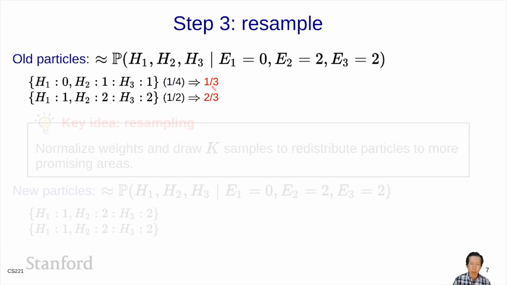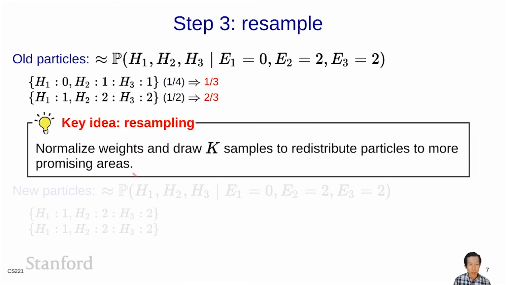So if you have a particle with weight 0.0001, or maybe even 0, then certainly we shouldn't be wasting one of the valuable K slots for that value. So what we're going to do is to reallocate our resources via resampling. In the resampling step, we're going to normalize these weights and draw K samples.